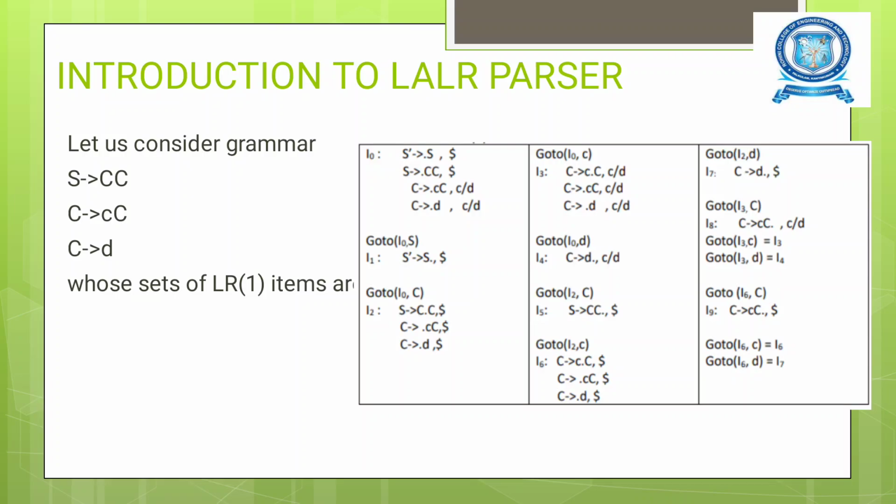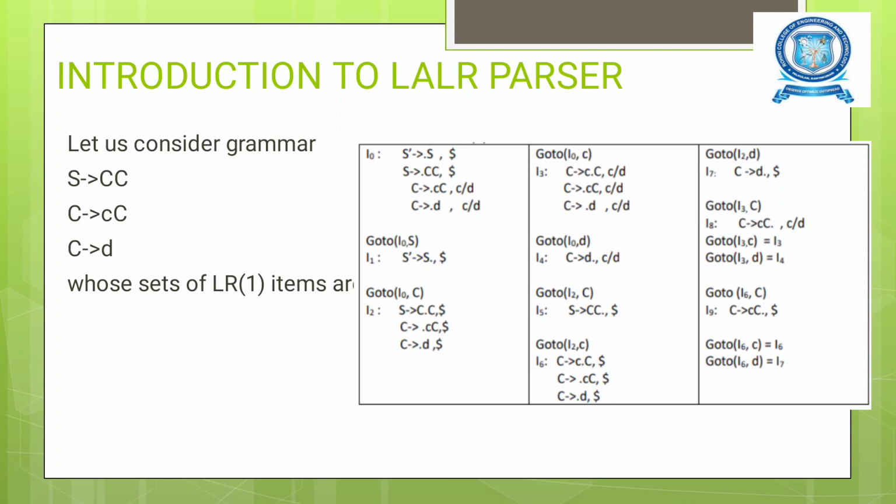Then goto of I0 on capital C: the dot is moved after the C, giving S implies C.C. Since the capital C after the dot is a non-terminal, we add the productions for C: C implies .cC and C implies .d. Next goto of I0 on small c gives C implies c.C, with the dot moved after the small c. The dot is before capital C, so we add the productions of C: C implies .cC and C implies .d. Then goto of I0 on d gives C implies d.